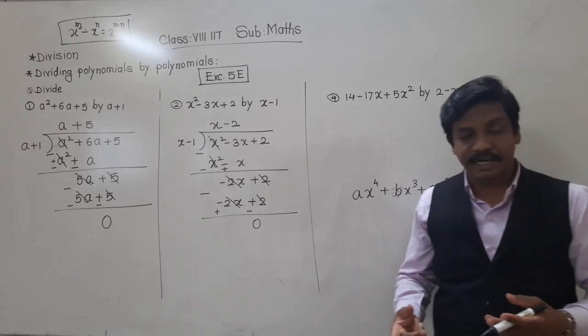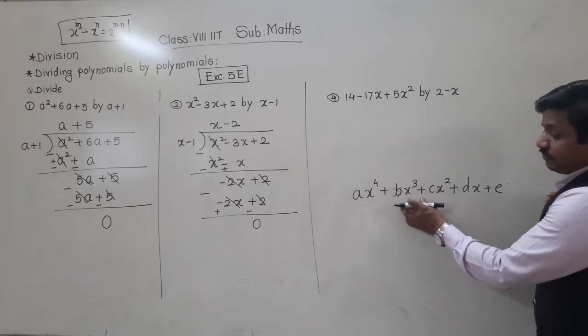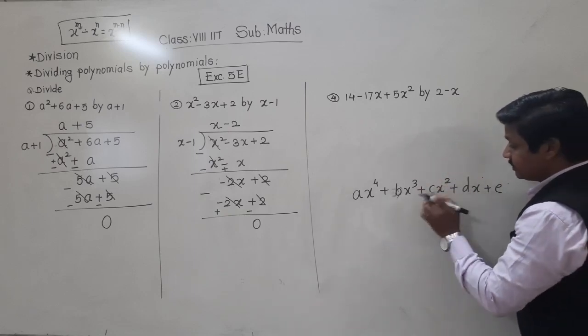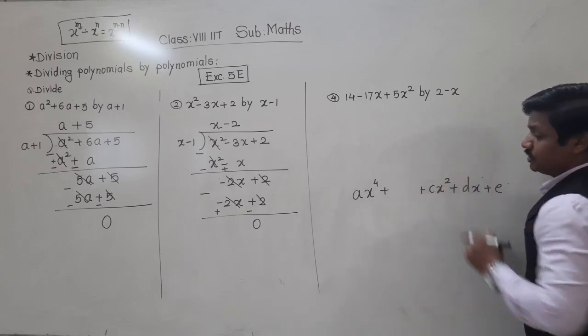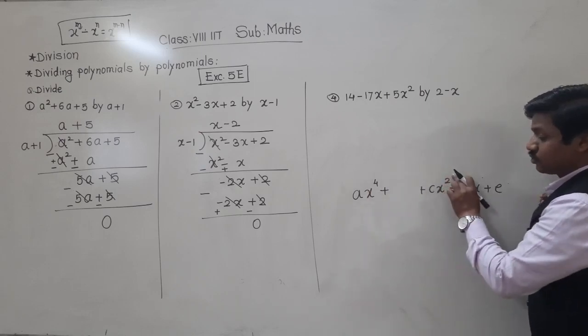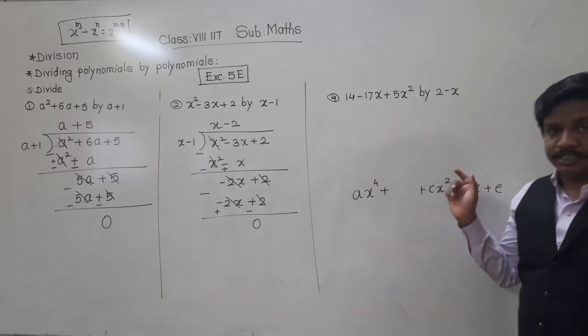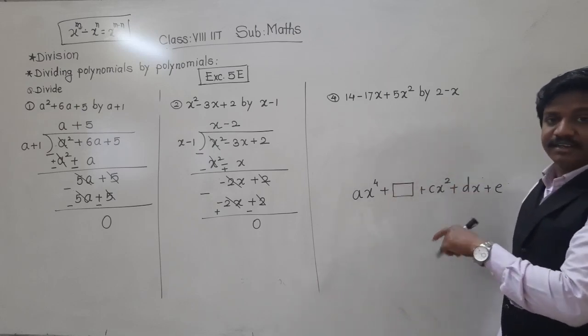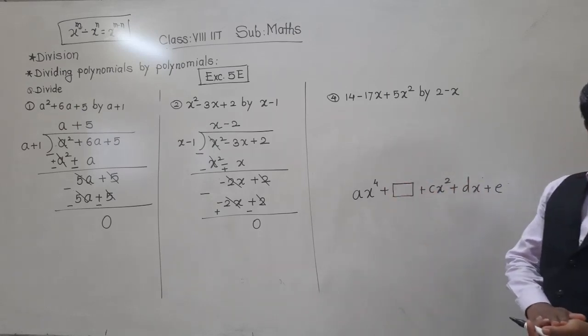And one more thing: if any term is missing in some examples, suppose x cube is missing, and directly after 4 there is x square, the second exponent, then we have to leave space there. Such examples we are going to solve afterwards.